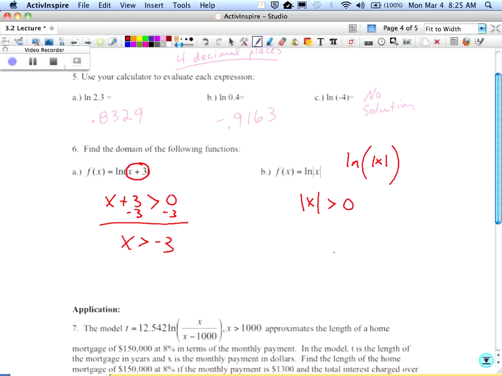When is absolute value of x greater than 0?